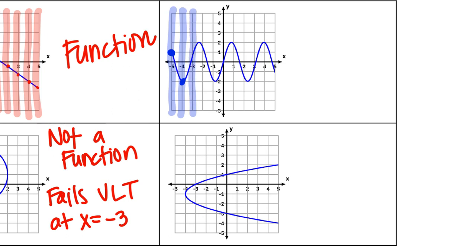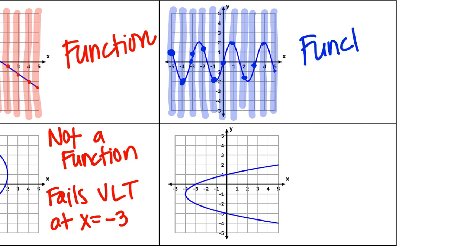And I'm going to just keep doing my vertical lines until I see a place where it crosses through more than once. And as far as I can tell, it only ever crosses at 1 point at every single highlight. Yeah, just 1 point. So this is a function. This is kind of an advanced function. You'll see that in Algebra 2. That's trigonometry.